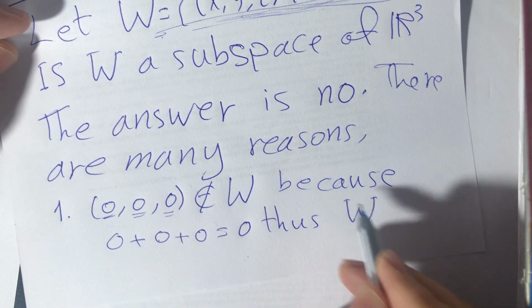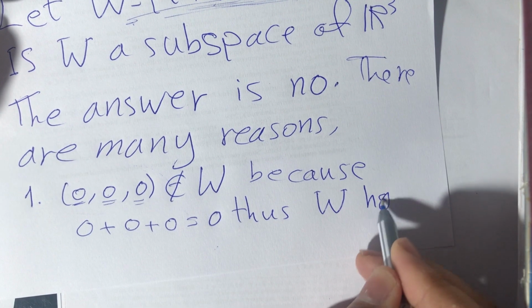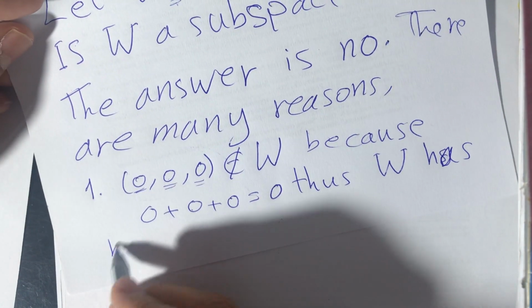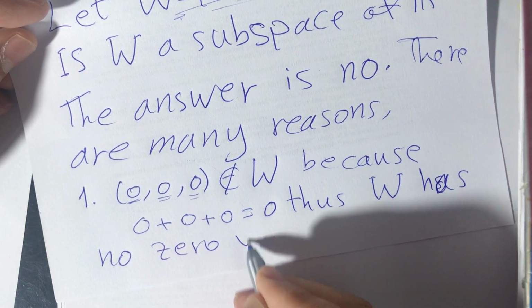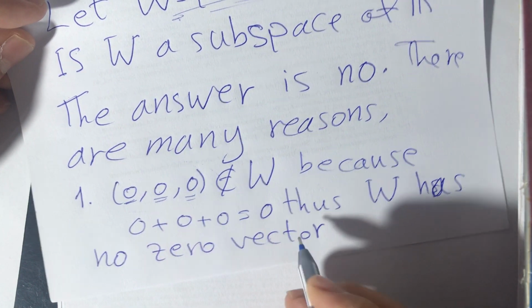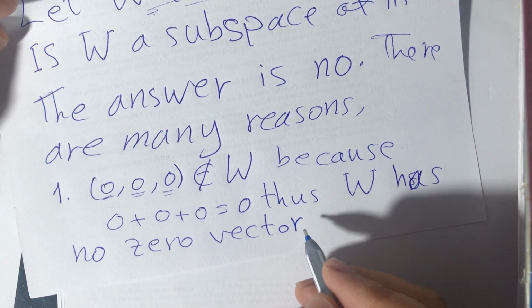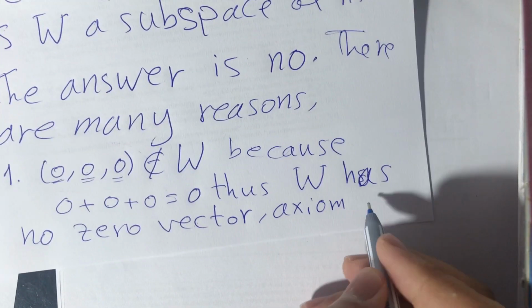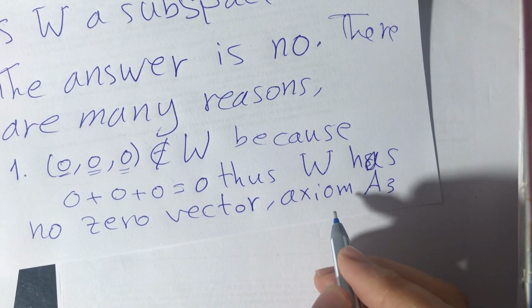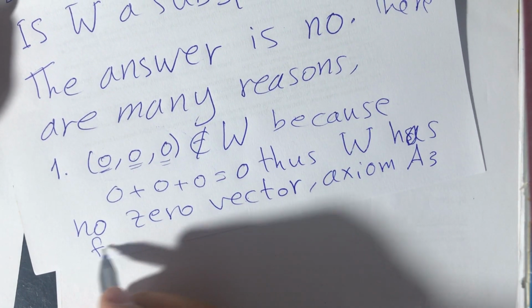Thus W has no zero vector. Axiom A3 fails.